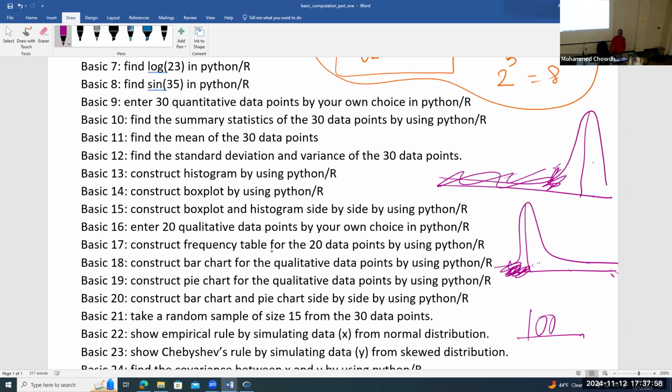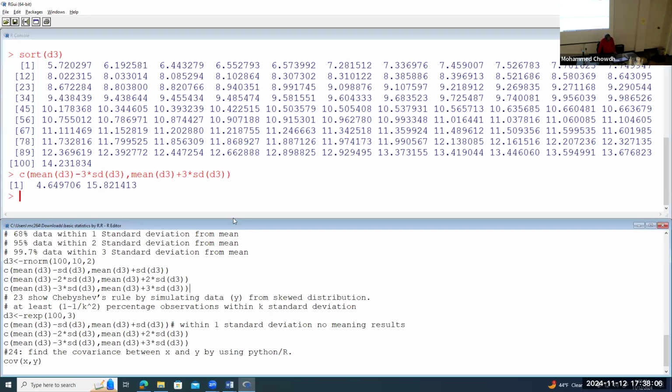Okay, so at least 1 minus 1 over k squared of observations fall within k standard deviations. This is what I have done in this part.